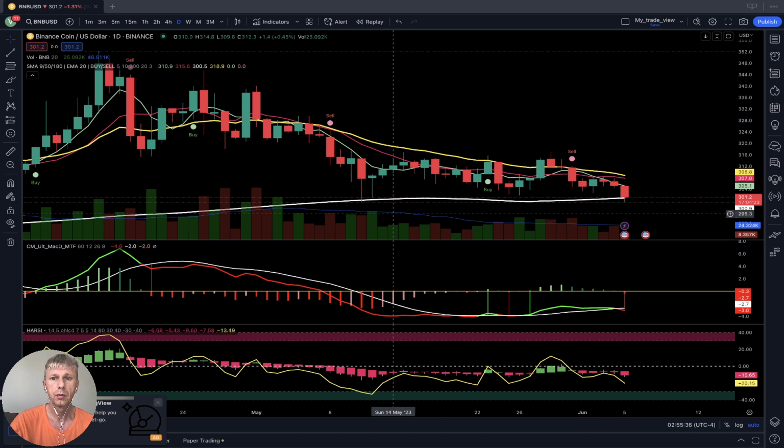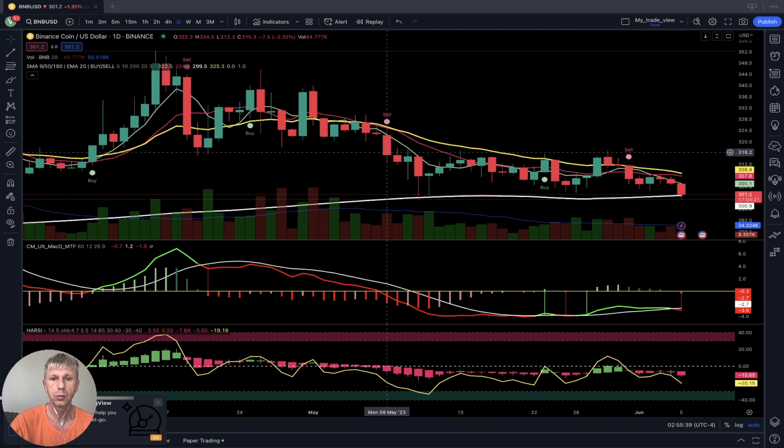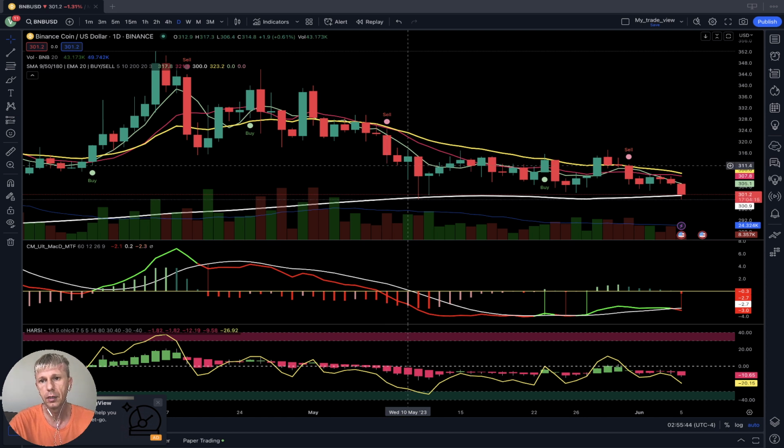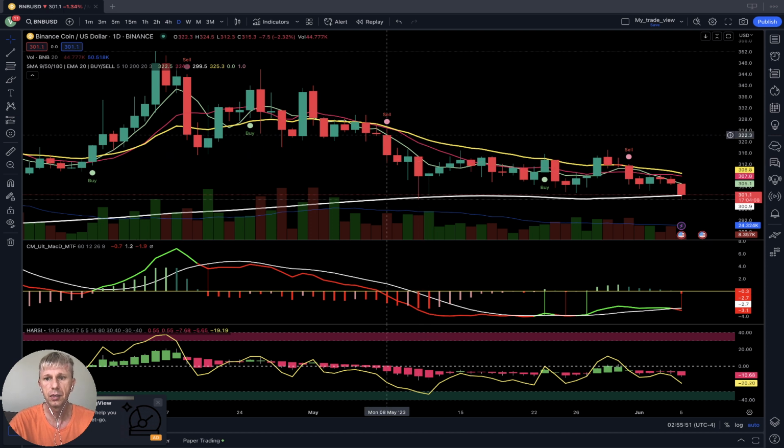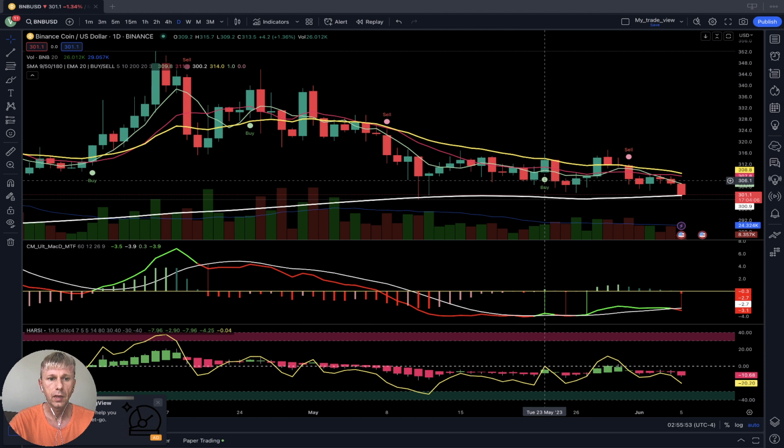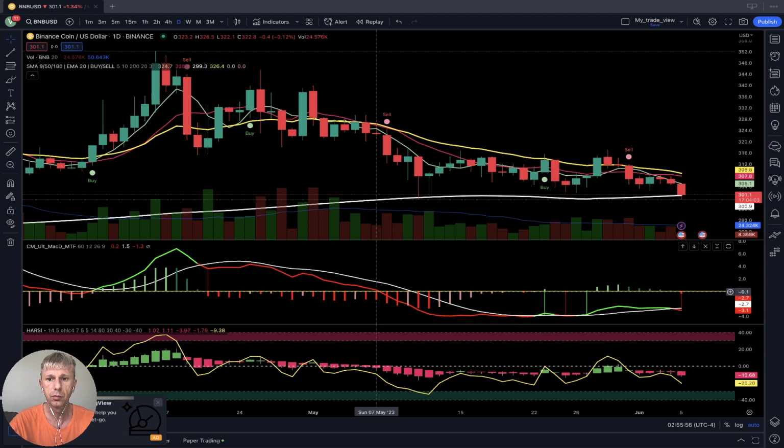Let me briefly mention my setup. I'm using moving averages. The white line is SMA 200, the yellow line is EMA 20, the red line is SMA 10, the green line is SMA 5, and there is a buy and sell script indicator. MACD indicator: green line is bullish, red line is bearish, yellow line is the zero line.